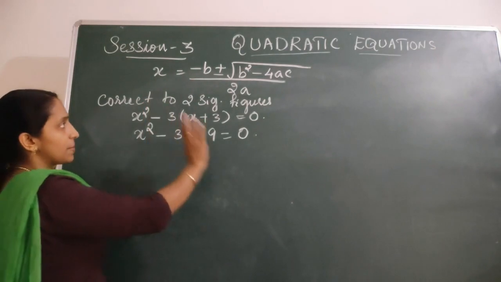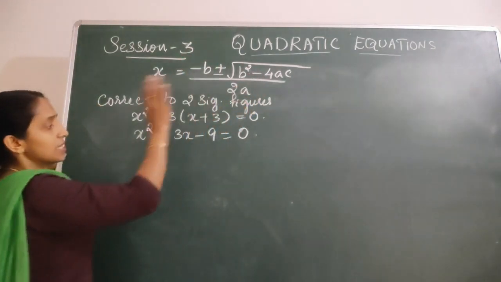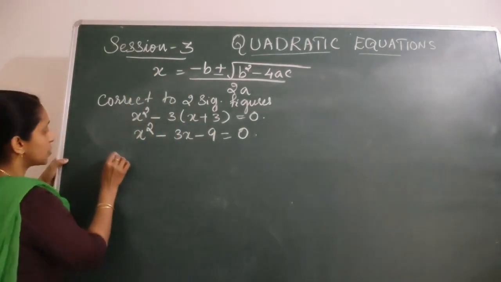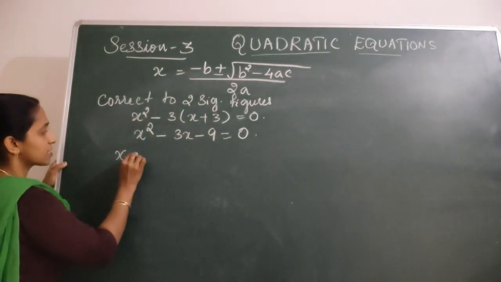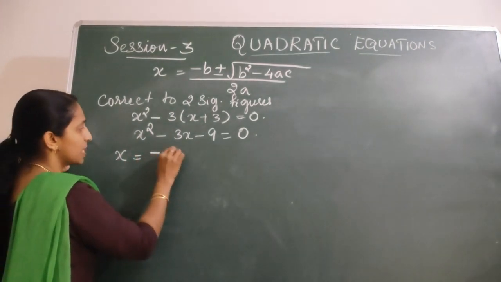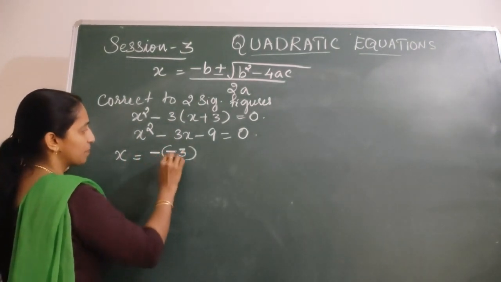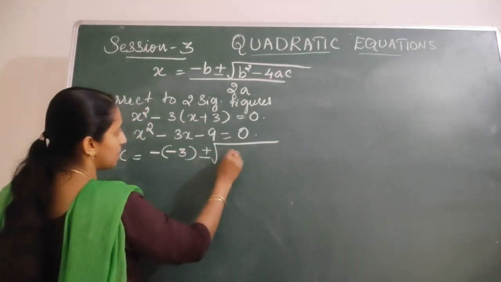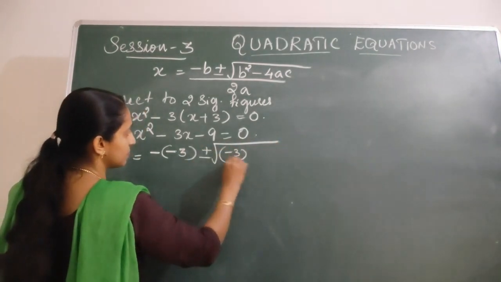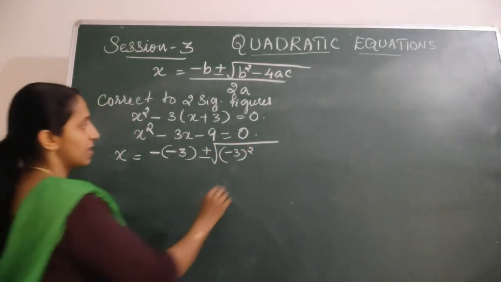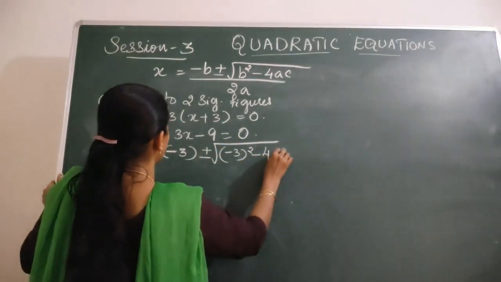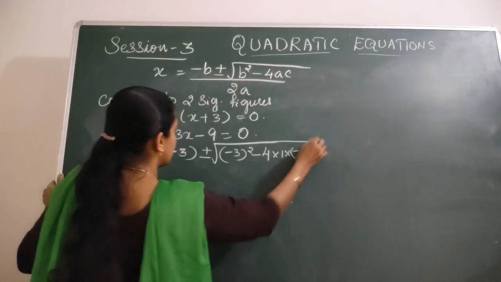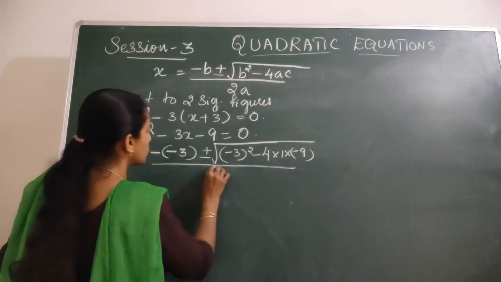Everywhere it's not compulsory to write the formula, but substitution in the formula is a must. So you are going to substitute the values in the formula. X is equal to minus B plus or minus under root B square minus 4AC upon 2A.